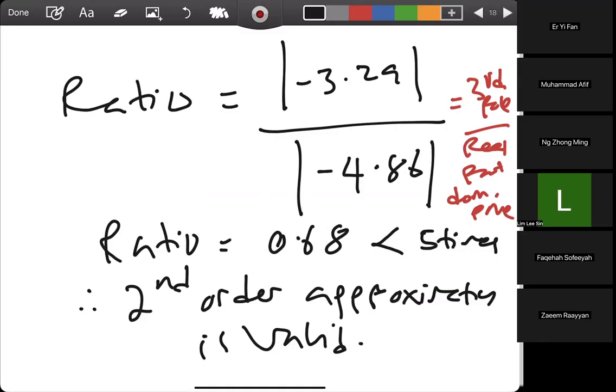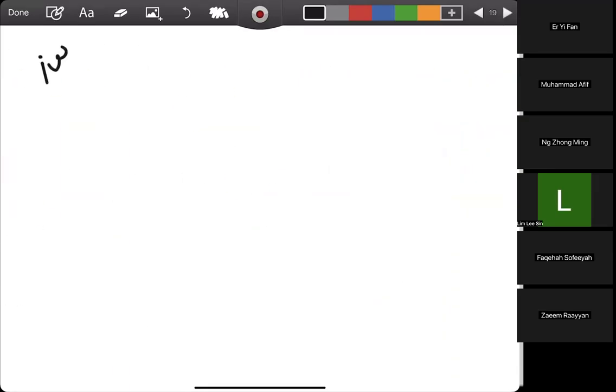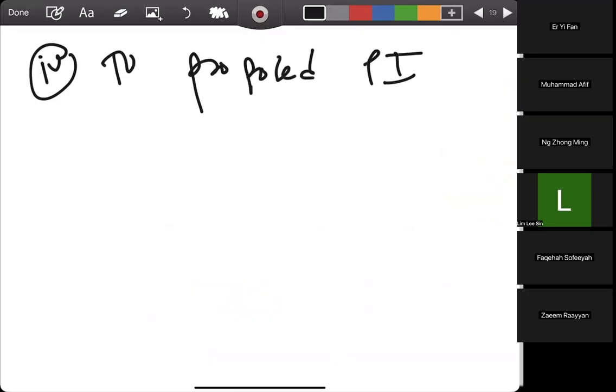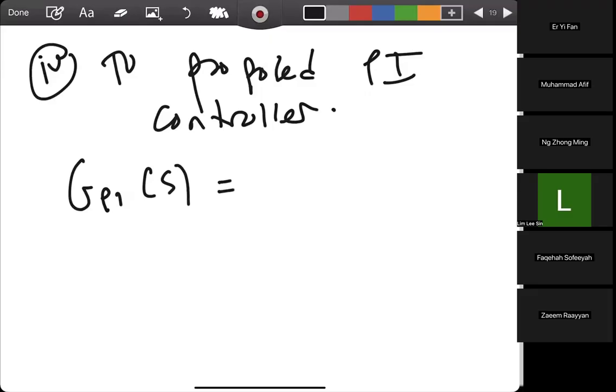So the last part is to propose a PI controller. Amira Suraya, can you propose the PI controller?